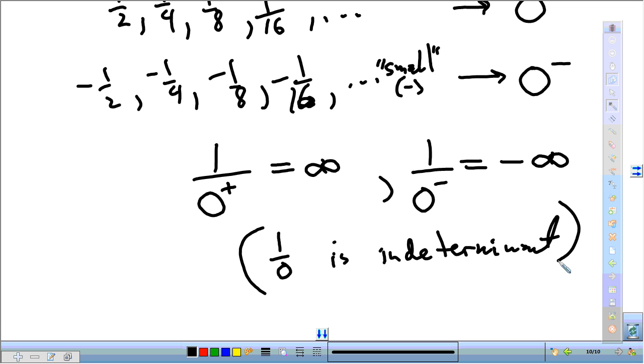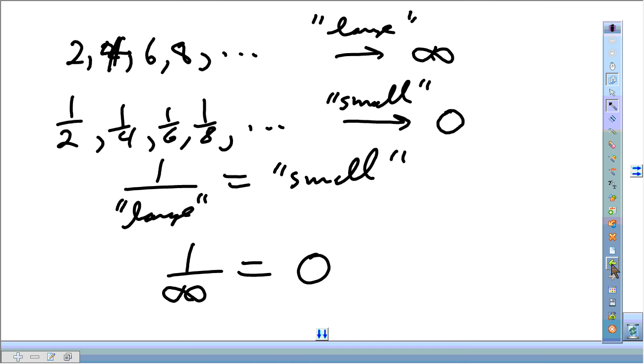And in the case of limits and working with these creatures, the usual term is indeterminate. So some things are determinate. 1 over things getting close to 0 positive are determined to be infinity. 1 over things which are very small negatives are determined to become out to minus infinity.